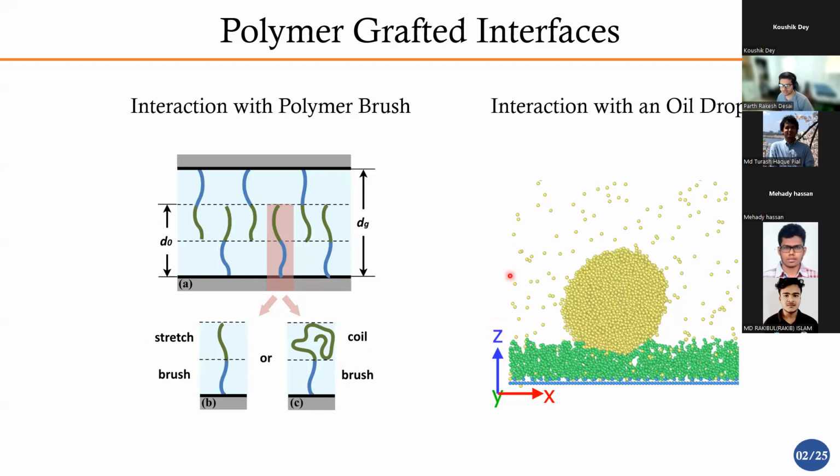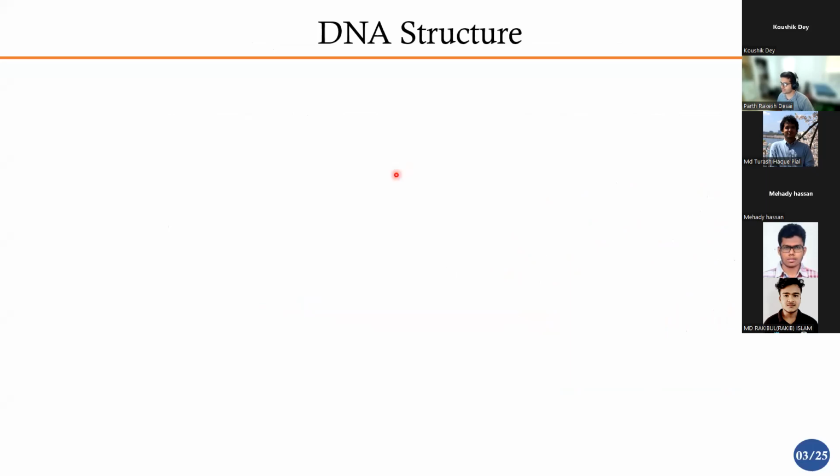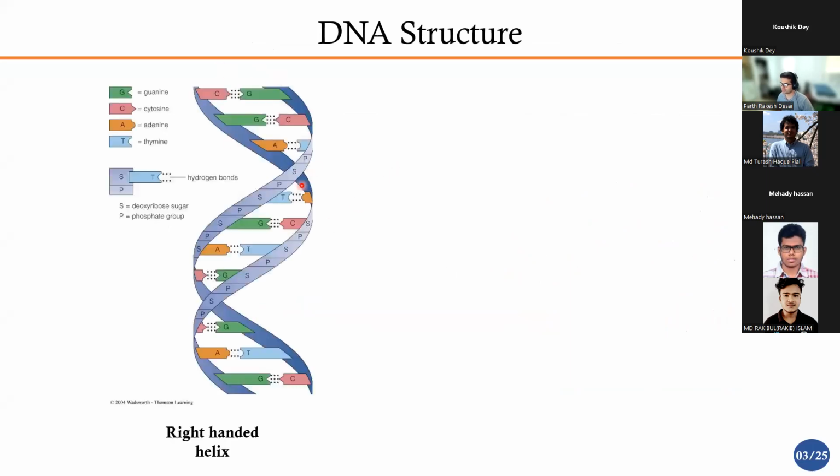So today, mostly I'll be talking about my thesis work, which was on DNA mechanics. For a brief introduction, DNA has this classic helical structure. It's almost like a twisted ladder, and each rung of the ladder has what are called nucleotides. Each of these single units is called a nucleotide, and together they make what's called a base pair.